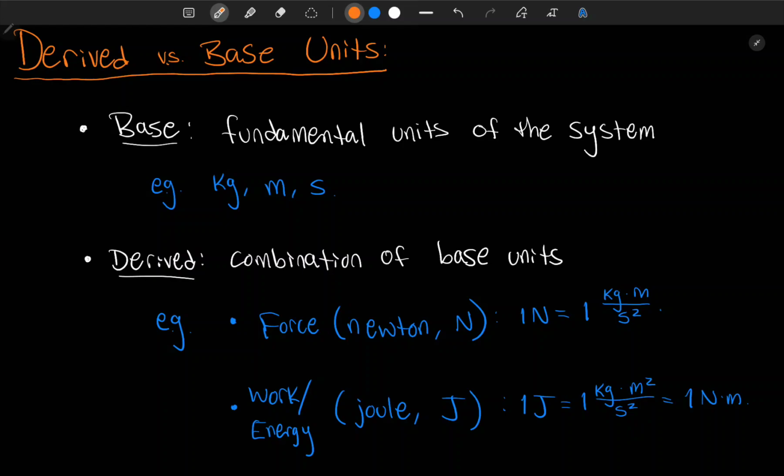And if we look at the definition of a Newton given above, if we just multiply this by a meter, we get m squared in the numerator, and that's exactly what we have for a joule. So we can say that 1 joule is equal to a Newton times a meter. So these are just some examples of derived units versus base units.